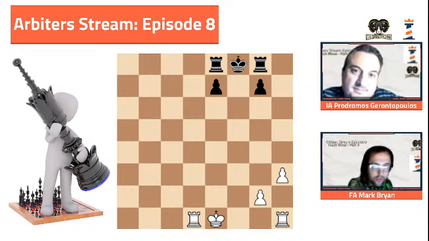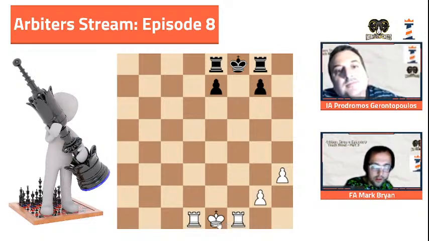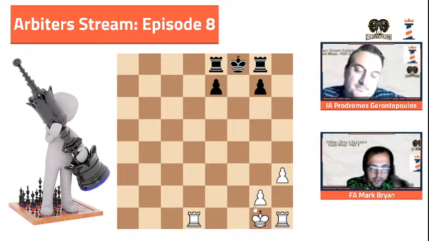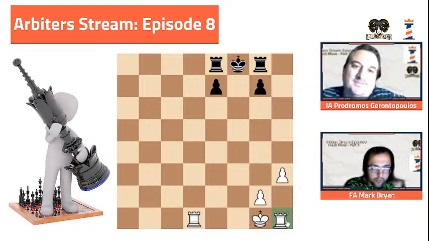And now the question is if the flag falls. So if the flag fell where the rook was here before the king moving, then this is a checkmate position. But if my flag falls and I had the king here, this is not checkmate because I had not yet completed the move.